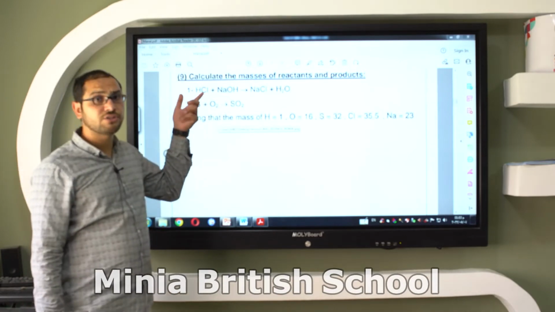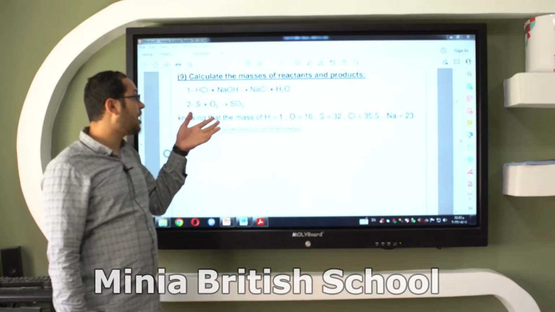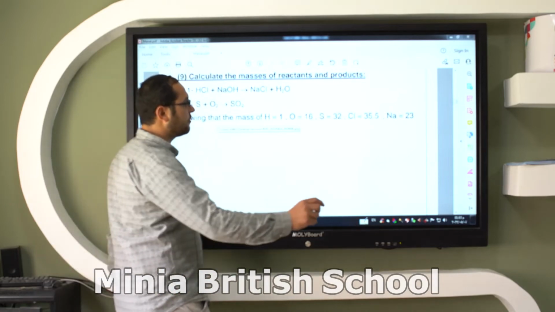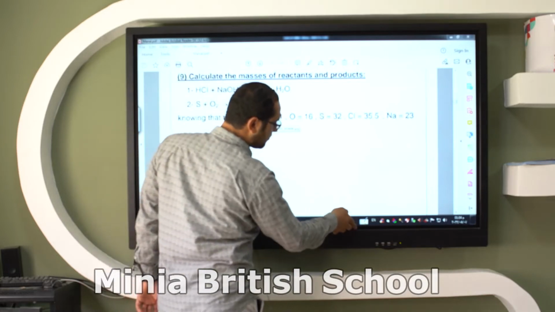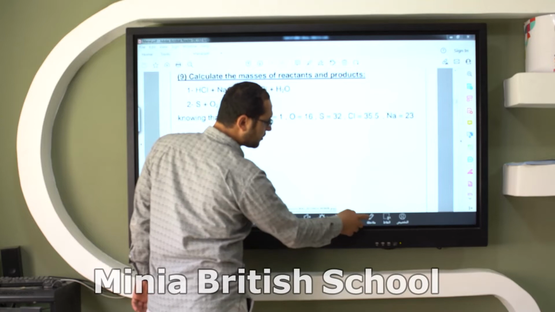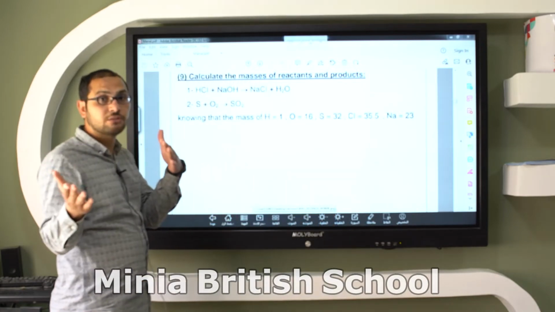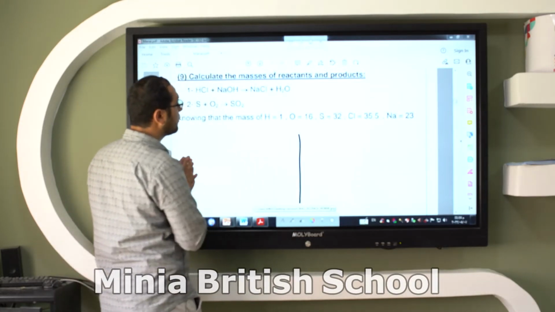Number 1, the first equation, HCl reacts with sodium hydroxide, forming sodium chloride and water. Okay, and we have the masses of each element. First you must separate between reactants and products like this.